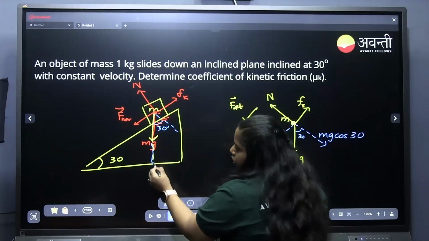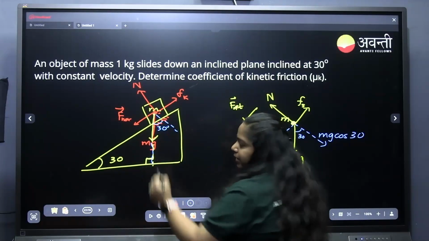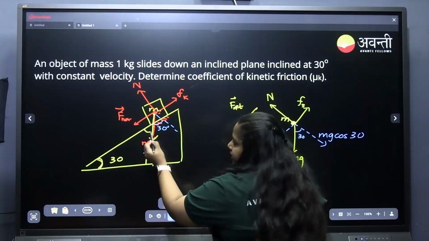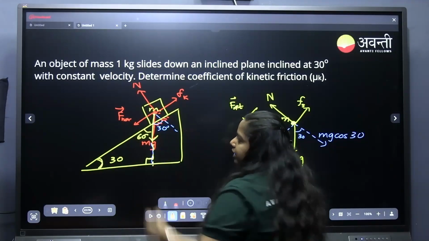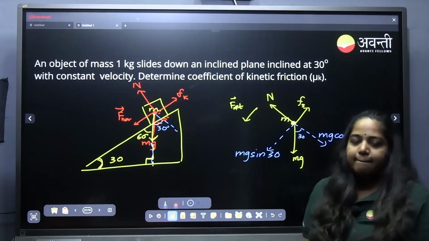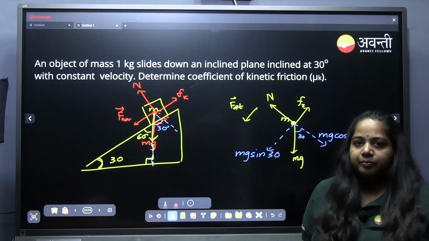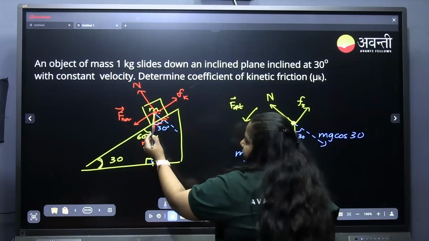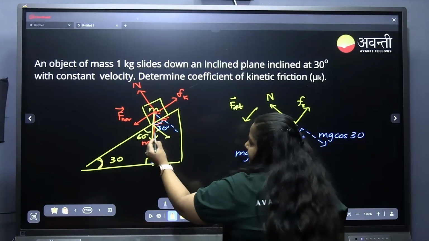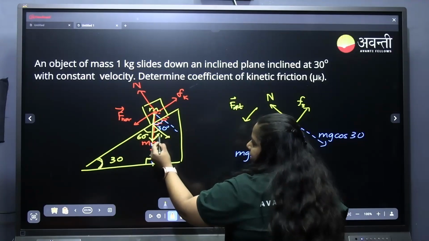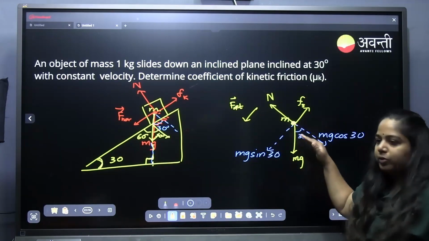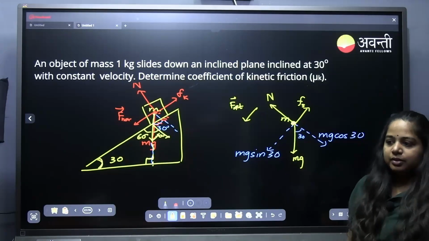So if you just drop, this angle will be 90 degree. If this angle is 30, this angle should then be 60 degree, right? By the right angle triangle property. If this angle is 60, and both are perpendicular, this angle will be 30. Instead of drawing there, we just drew here, that's it. Is it clear?